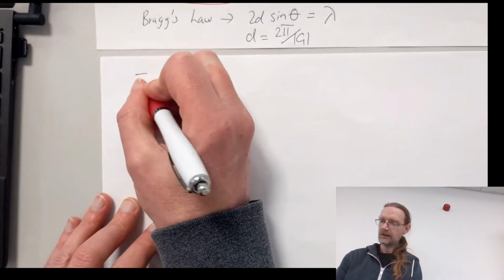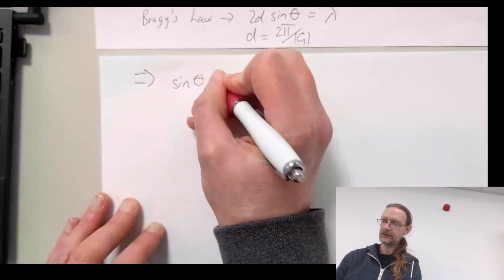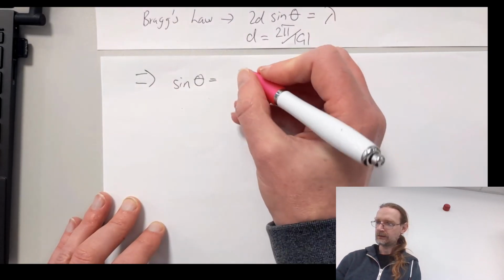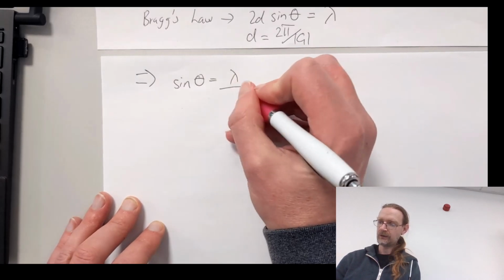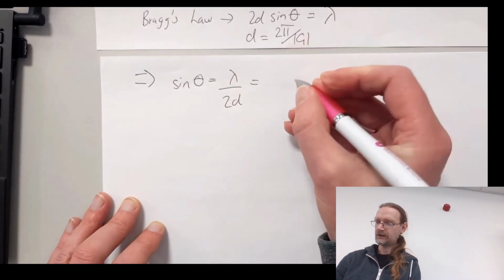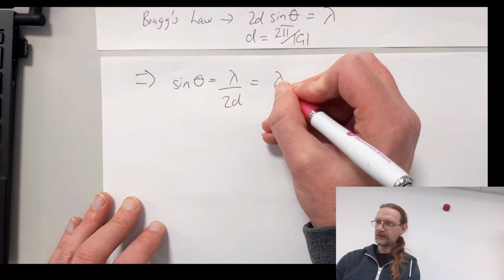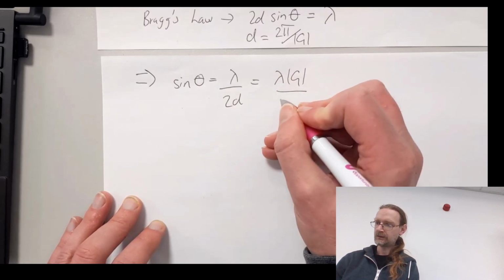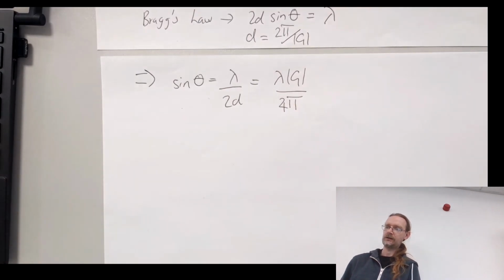Then it follows that sine theta equals lambda upon 2d, which equals lambda g upon 4 pi, there's a 2 there.